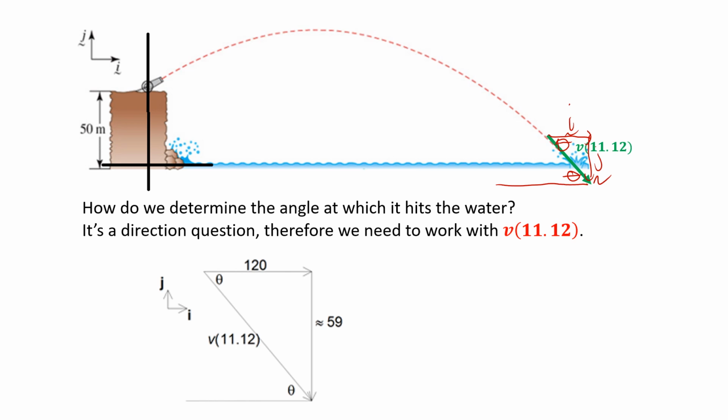The angle of incidence with the water can be referred back to an angle inside the triangle making up the velocity vector at 11.12, and we just use inverse tan. It's just as simple as that. So inverse tan the j component over the i component, ignoring the fact that it's negative, and we come up with an angle that will be equal to the angle of incidence, the angle at which it's striking the water. So hopefully that's all making sense to you.